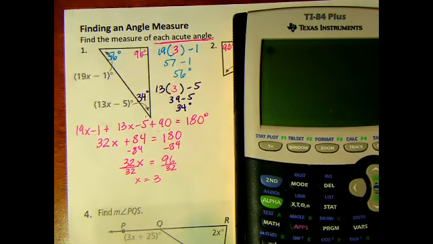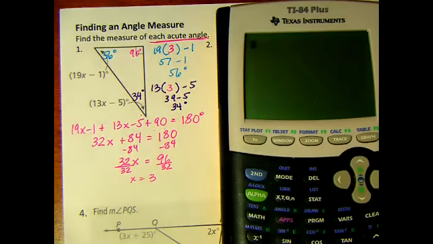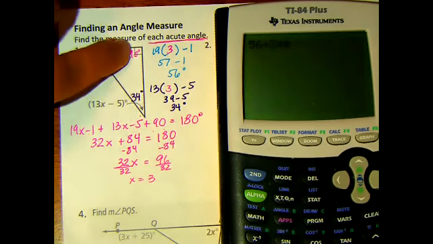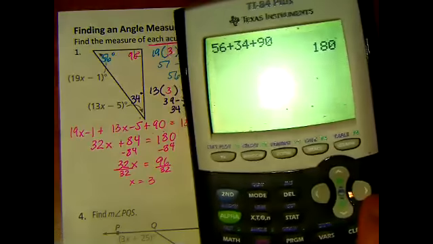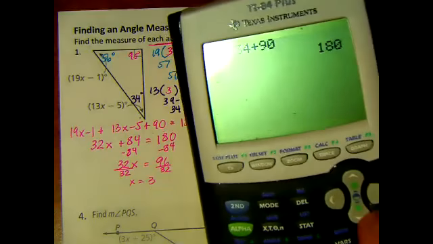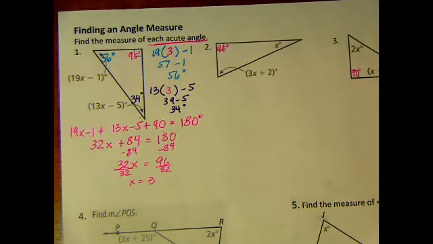If it doesn't equal 180, it's more or less. That means I need to go back and check my x, or maybe how I plugged it in, or when I simplified. So over here, I have 56 plus 34 plus 90. And that gives me 180 perfectly. I'm good to go.